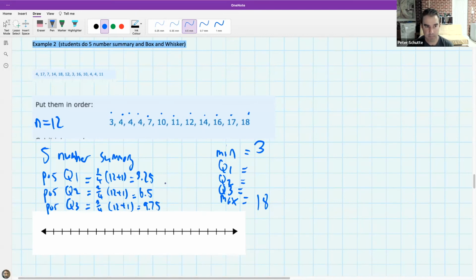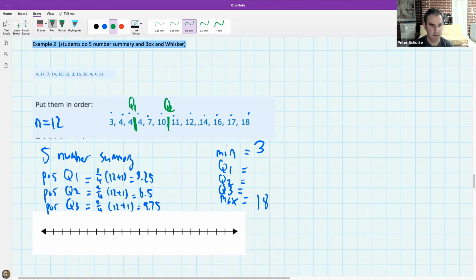Okay, so now remember, because we are dealing with quartiles here, we're not dealing with percentiles. Remember that the rules are a bit different. So we know that Q1 should be here. 6. Q2 is going to be here.